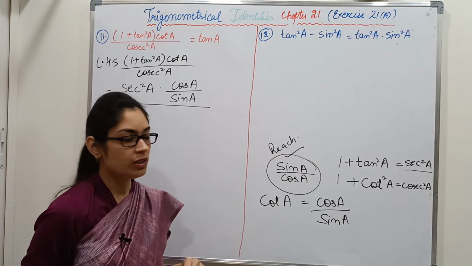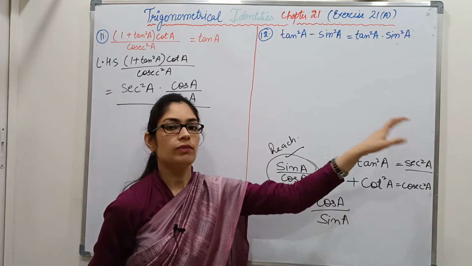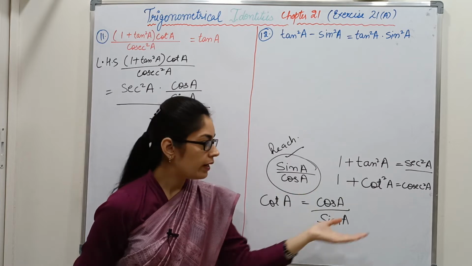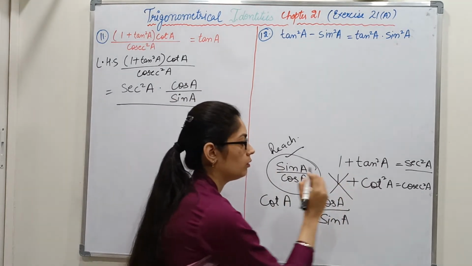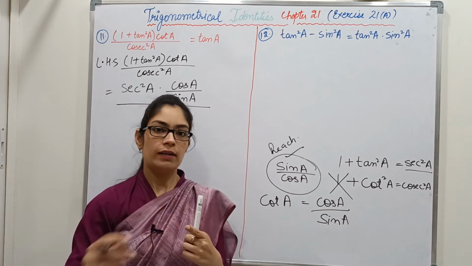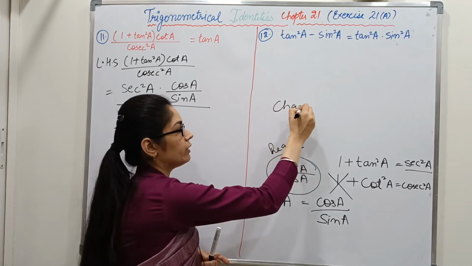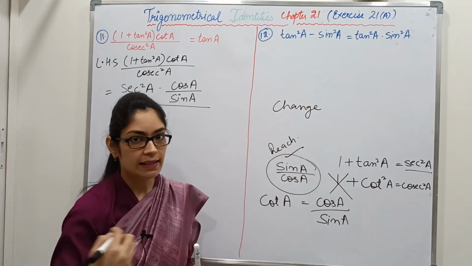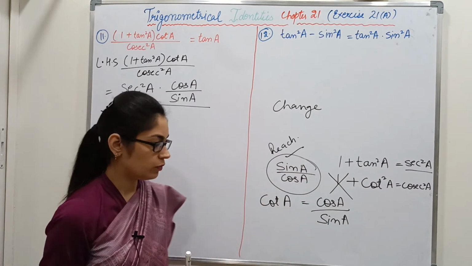Here I have to reach. If I change cosecant into its square form, I won't be able to reach here. So this we should not be using. Then first thing again, we have to change everything into sin and cos form.